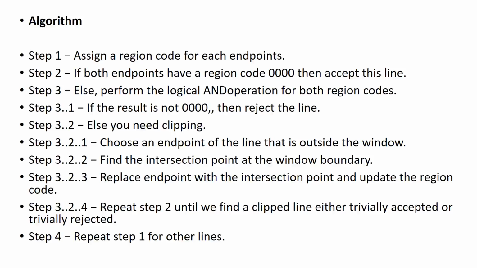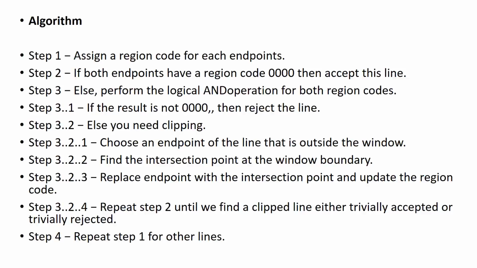We replace the endpoint with the intersection point because the point was completely outside. Once we find the intersection point, we replace the outside point with it and update the region code, because the point has changed, so the region code needs to change.